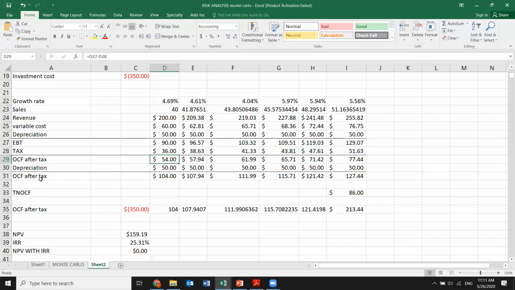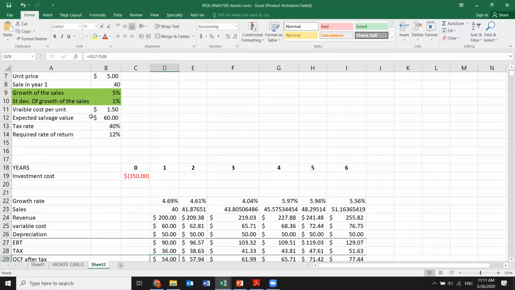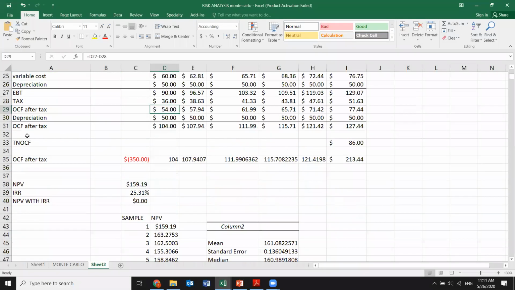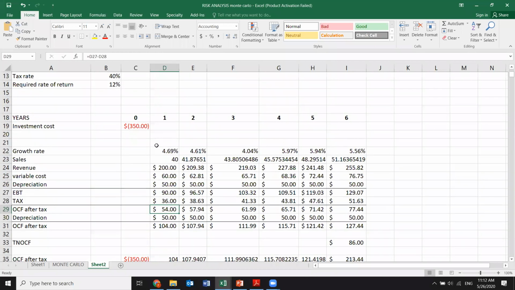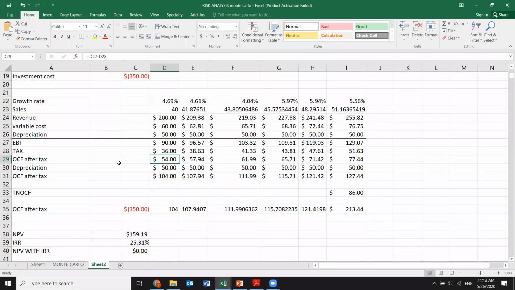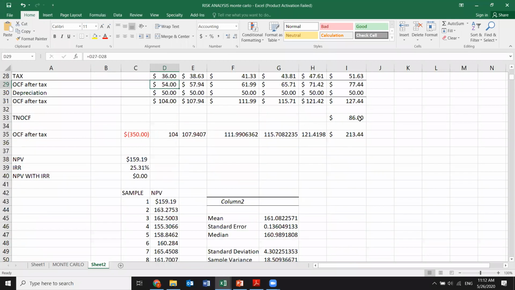The salvage value will be equal to 60,000. That's going to be added, but we have to take into consideration that when we sell it, it's a kind of gain, so we have to tax it and subtract the tax. Apart from that, we add the change in net working capital. That change in net working capital is a kind of return on investment.